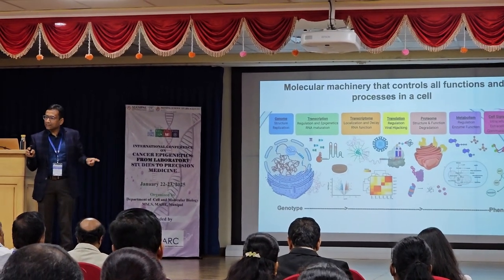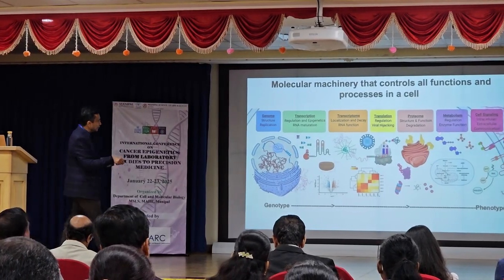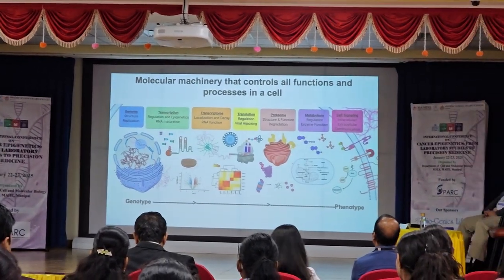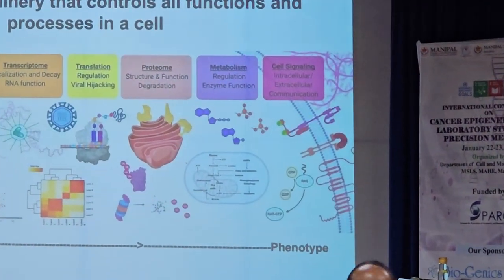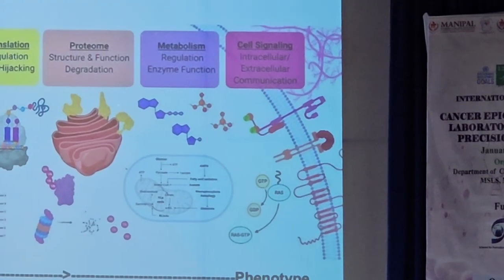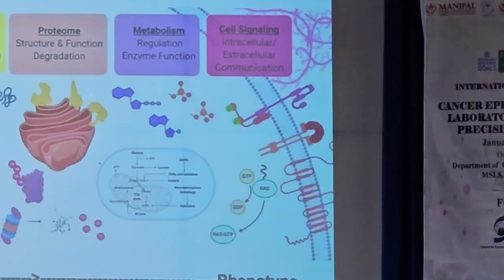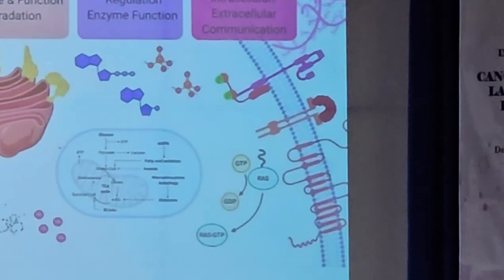And any such alterations at every level will eventually give you the cell signaling pathway. If you connect each of the molecules, you would like to understand what has gone wrong in the cellular process. And it could happen for any such disease, not necessarily cancer only.